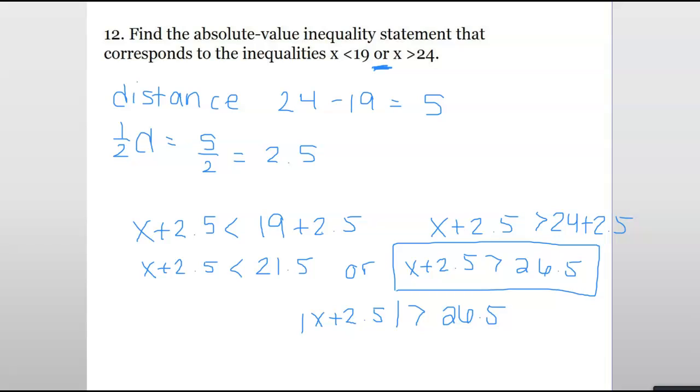And there's our new absolute value inequality equation that represents that solution set. That absolute value would give you that solution set. So basically, we are finding an equation given a solution.